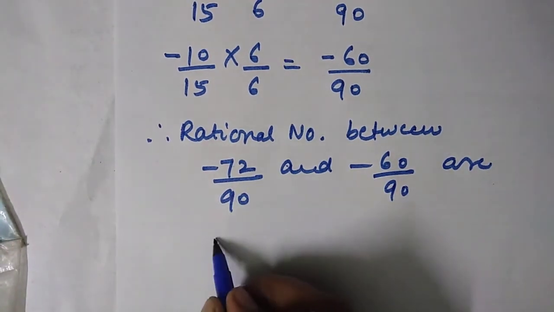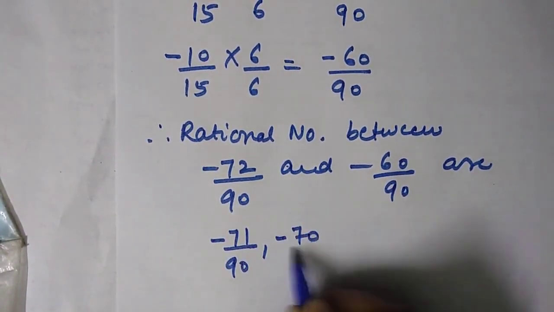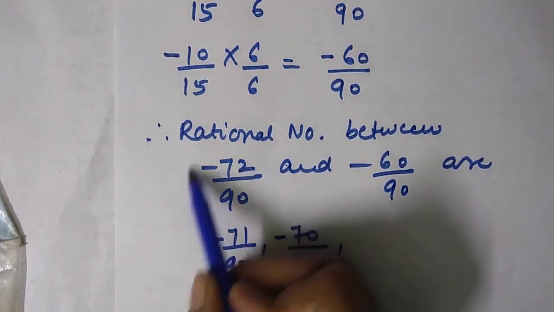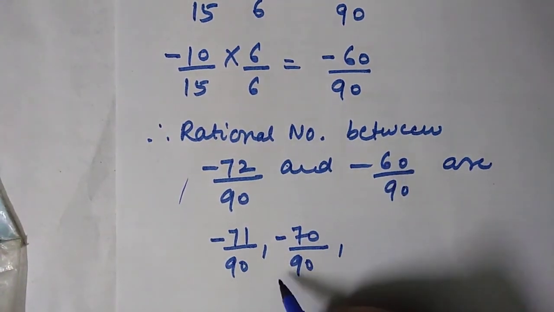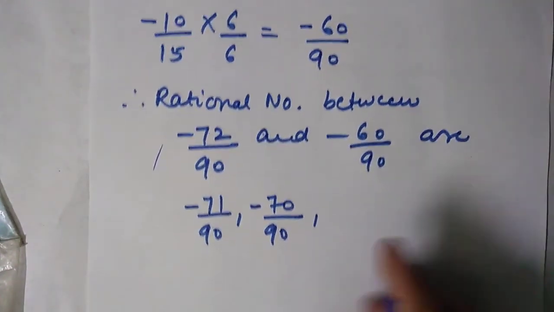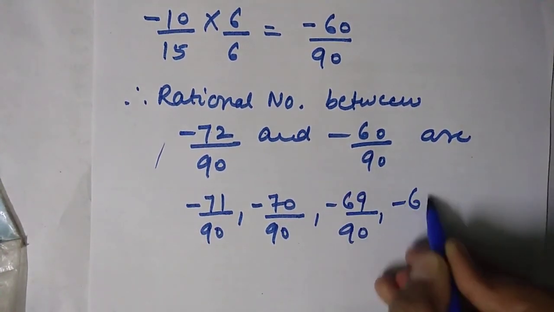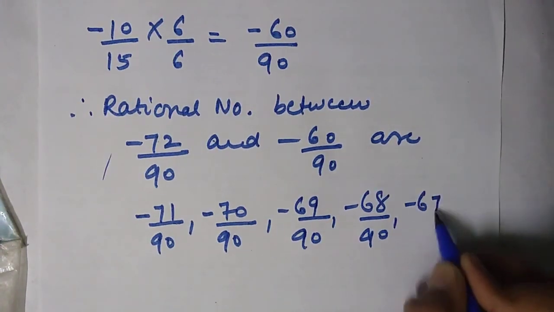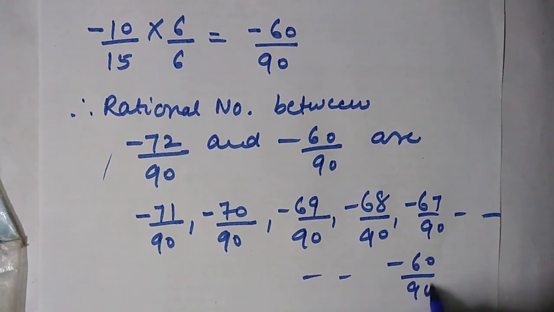So it will be minus 71 by 90, minus 70 by 90, minus 69 over 90, minus 68 over 90, minus 67 over 90, and so on up to minus 60 over 90.